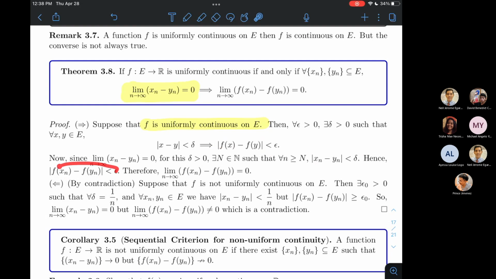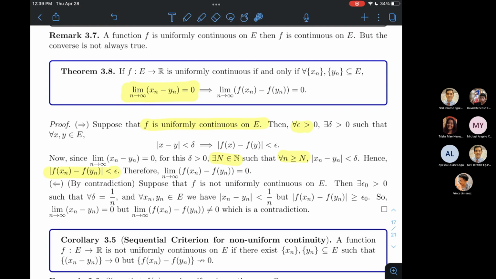And this essentially is the definition of the convergence of xn minus yn to 0, because for any epsilon greater than 0, we had found a starting index capital N such that for all little n greater than or equal to capital N, etong inequality na to ay totoo. That means yung f of xn minus f of yn ay nagko-converge kay 0. Which is what we wanted to show in the forward implication. All right?